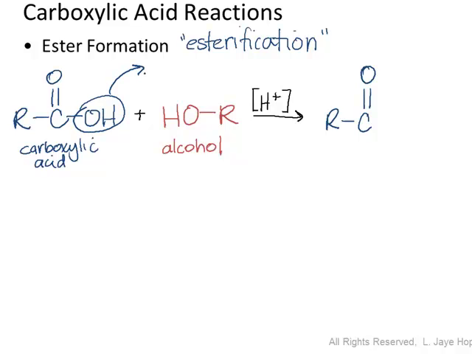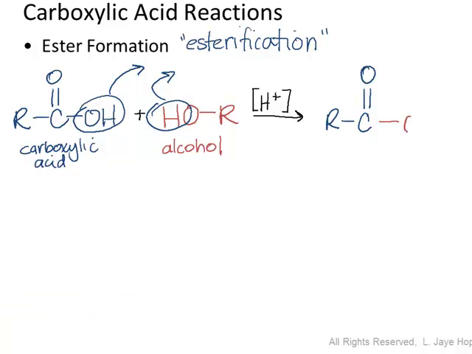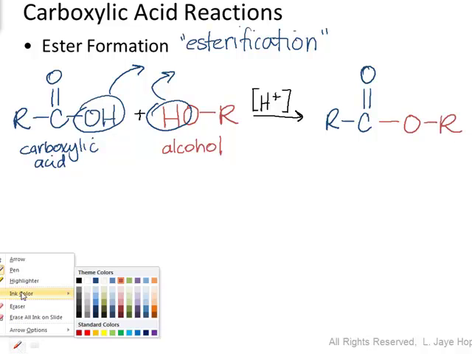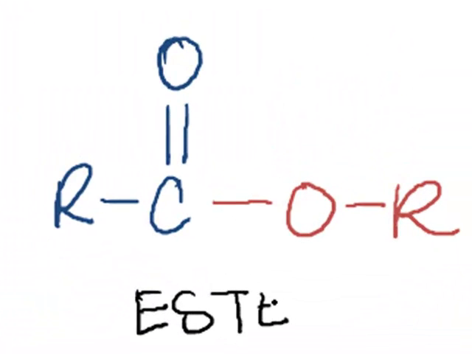It's actually essentially removed through a dehydration step because the other thing that gets removed from these two molecules is the hydrogen from the alcohol group. Consequently, the rest of the ester structure consists of the oxygen and whatever R group was present on the alcohol. This new functional group is what's called the ester functional group, E-S-T-E-R. Notice it's spelled differently than the woman's name.